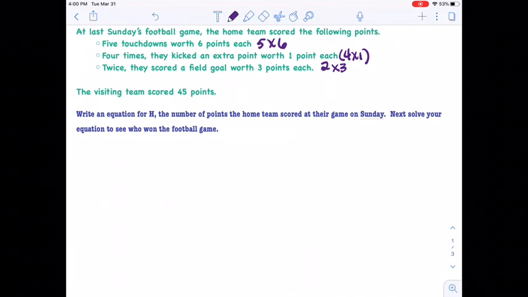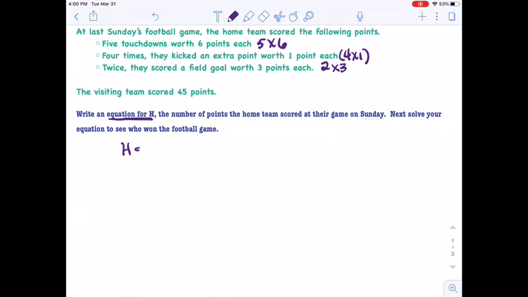Now, we're trying to write an equation for this. So yes, we could go in and say this amount plus this amount plus this amount and just give a total. But we're asked for an equation that shows how to calculate that. So we know our equation uses the variable h. That's for h, for the home team.